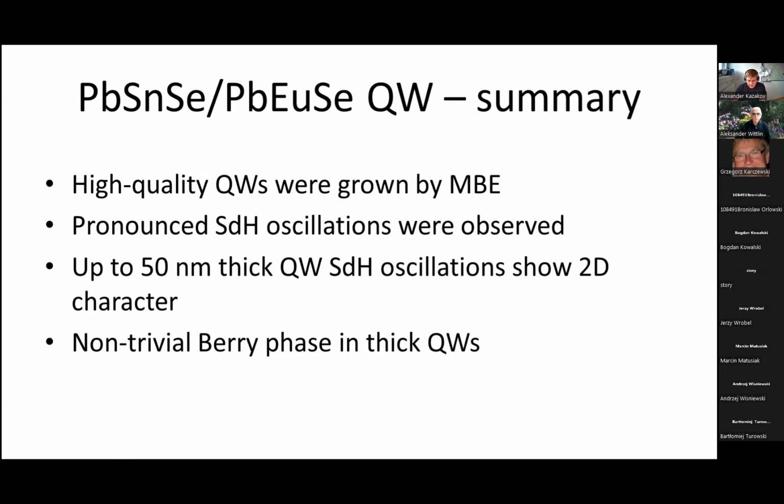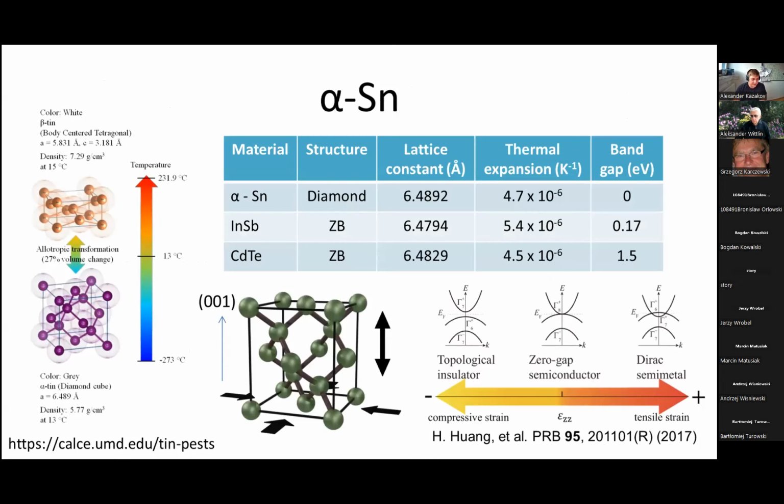And we saw some signatures of a non-trivial Berry phase in the quantum wells, though only the 50 nanometer one was clearly showing a pi Berry phase. And the last thing I wanted to talk about is alpha tin, or gray tin.